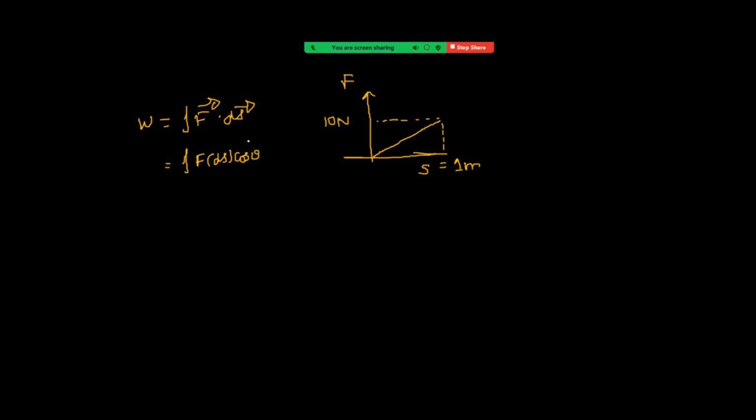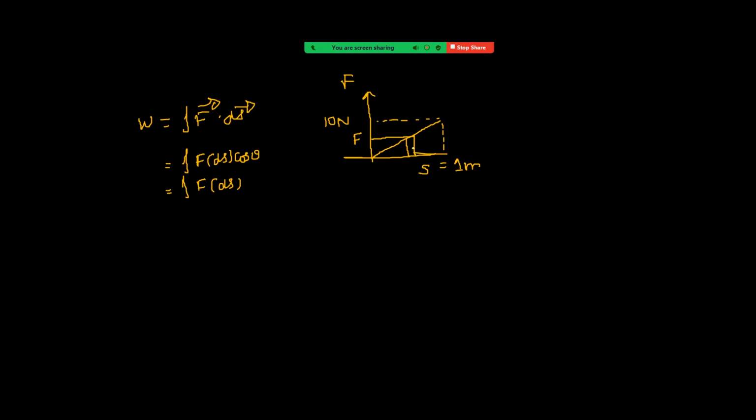Suppose the angle between f bar and ds bar is 0. Then this becomes f into ds. So we are taking one small displacement vector ds. The corresponding area is f into ds.